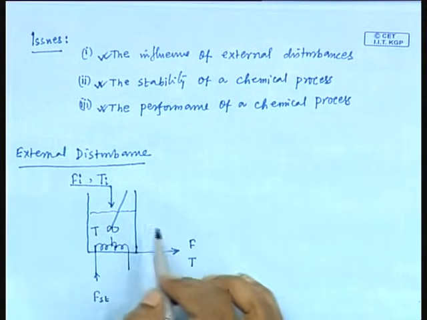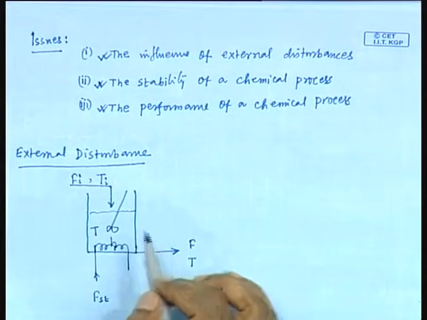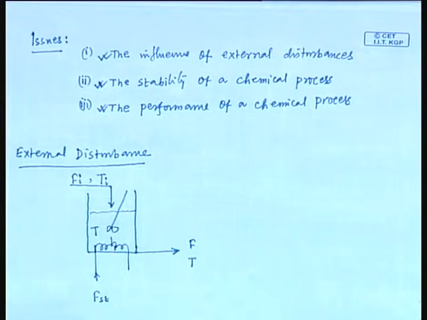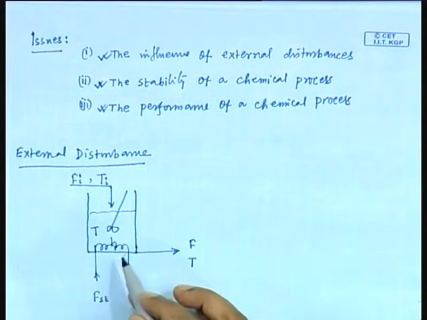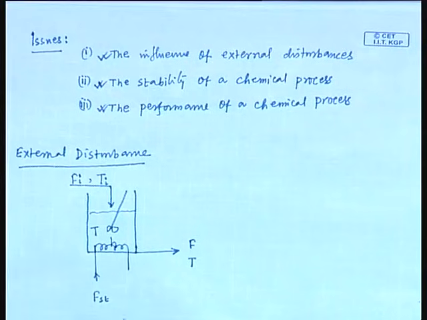A liquid is entering the process with flow rate Fi and temperature Ti. The outlet flow has the rate of F and temperature T. One coil is introduced for heating the liquid, and through the coil steam is passing with a flow rate of F St.